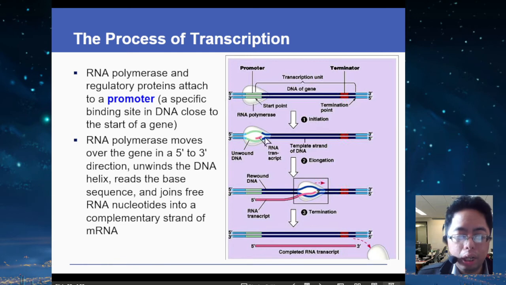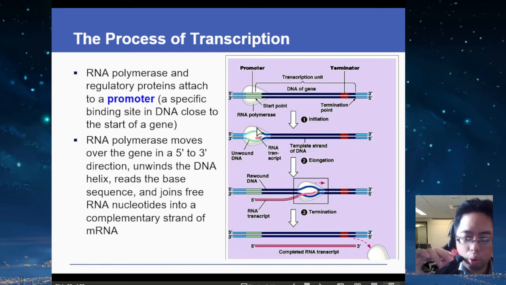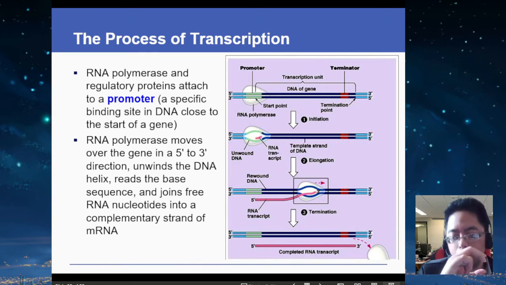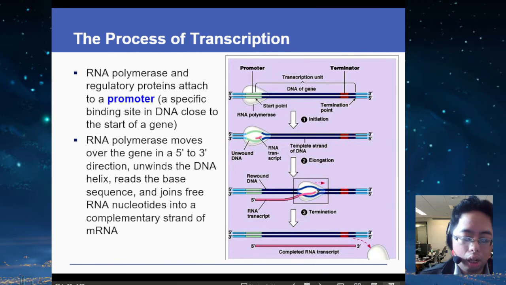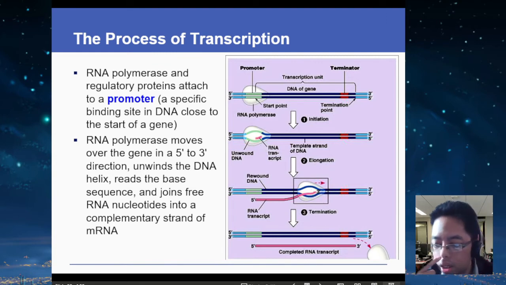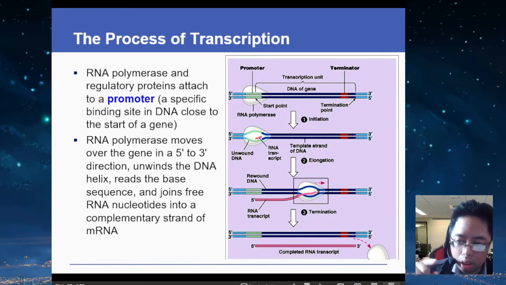Then RNA polymerase will start to unwind the DNA. The DNA will no longer be like this. It will be unzipped. When it's unzipped, RNA polymerase can make an RNA transcript. RNA polymerase will move all the way to the end, and as it moves, it will add longer and longer RNA. Do you remember when you go to the shops and the cashier is printing the receipt?